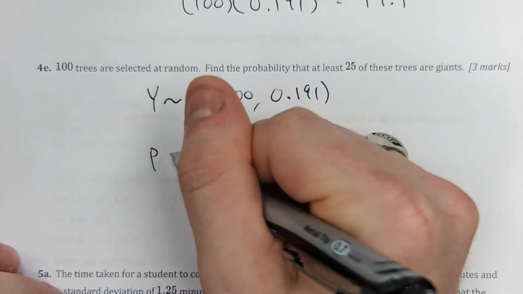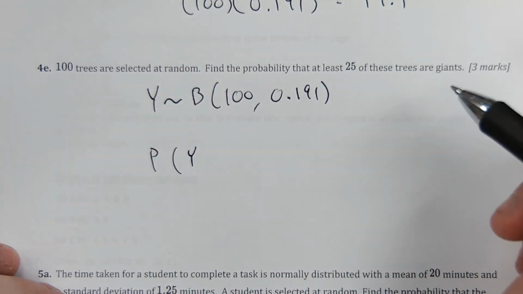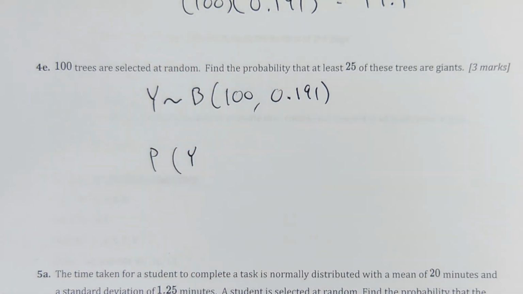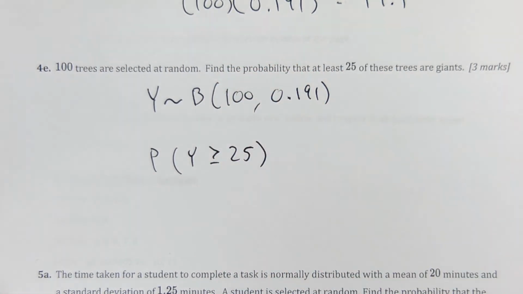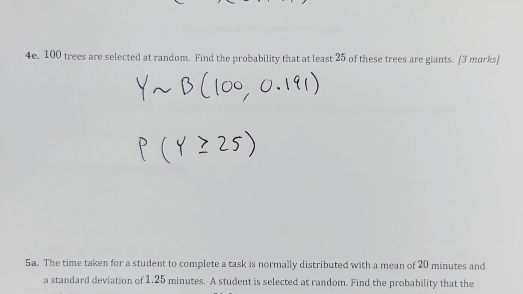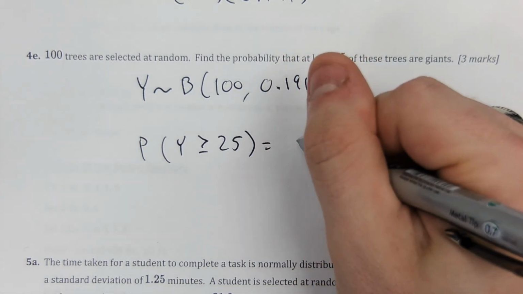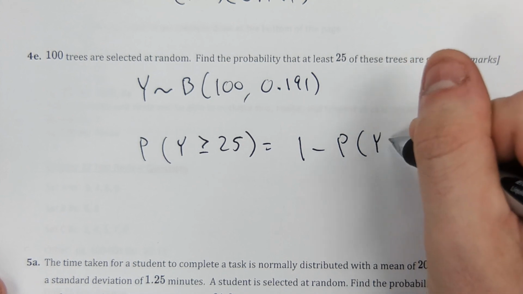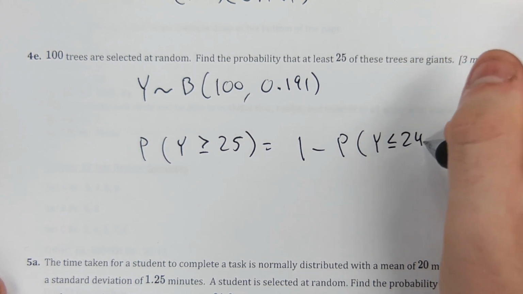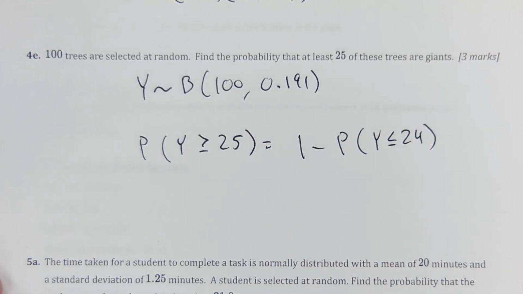So we're trying to find the probability that capital Y is, if you say at least 25, greater than or equal to 25. However, my calculator does not do binomial to the right. So 1 minus.